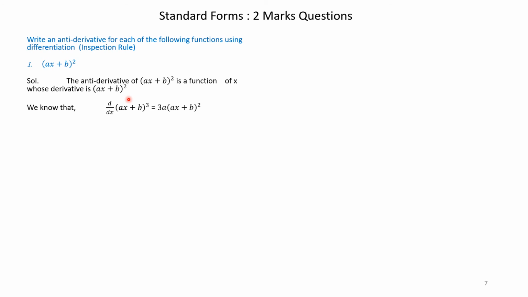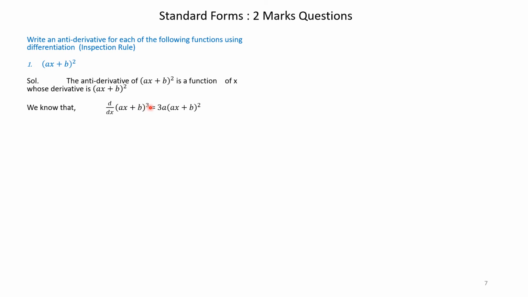We know that d by dx of (ax plus b) whole cube is 3 into a into (ax plus b) square. We are supposed to get (ax plus b) square on the right hand side. That is why, from the given equation, we are changing it from square to cube.